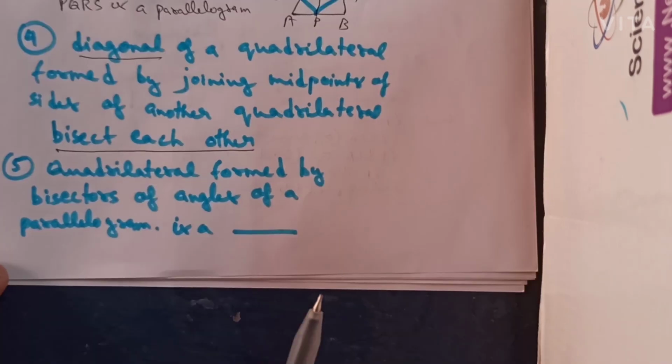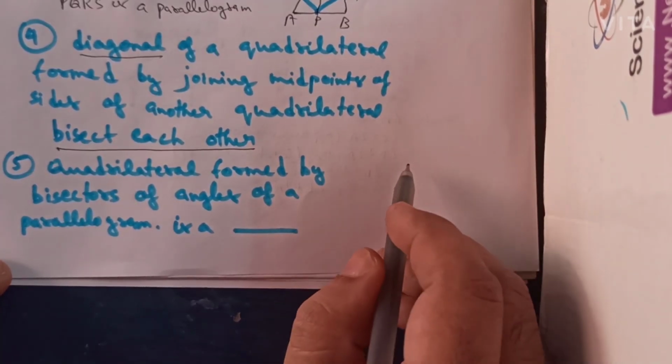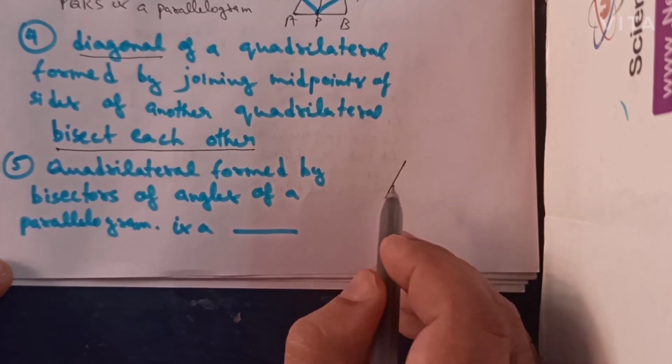Next point, the quadrilateral formed by the bisectors of the angles of a parallelogram.